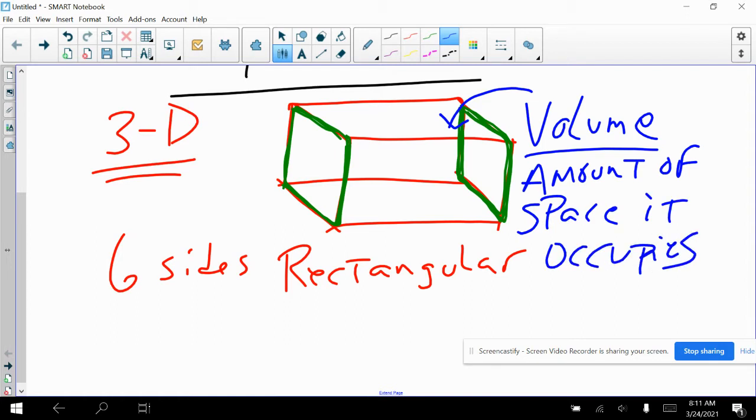The amount of space that it occupies. How do we measure items that are three-dimensional? We measure them in cubic units.